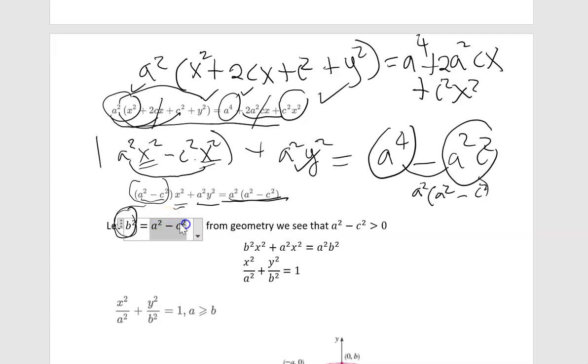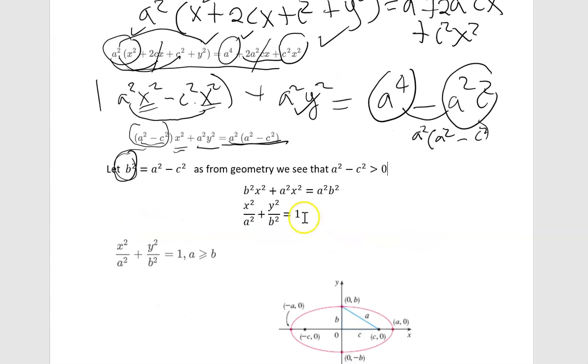Because it is positive, you can call it b squared. And that's from geometry. So now we are going to substitute a squared minus c squared as b squared. So you get a nice expression: b squared x squared plus a squared y squared.